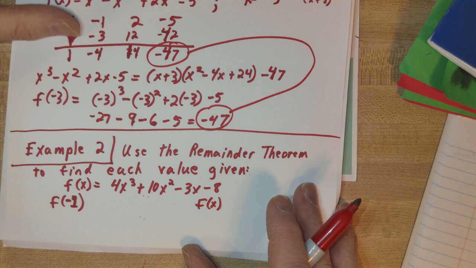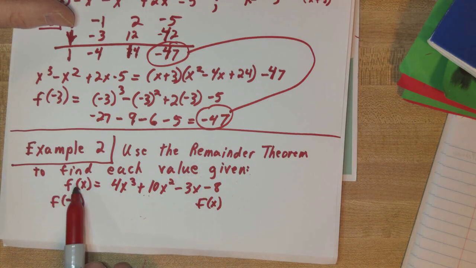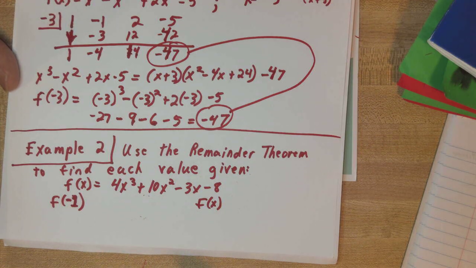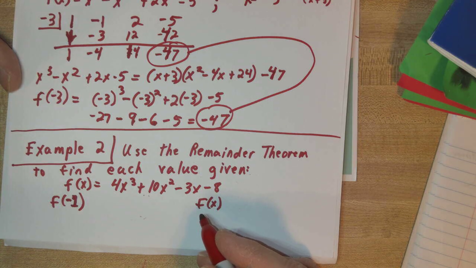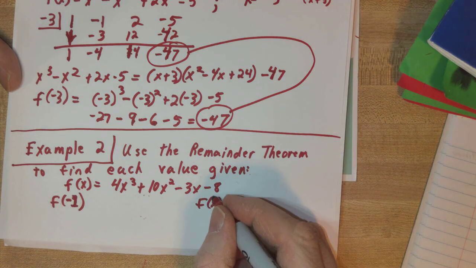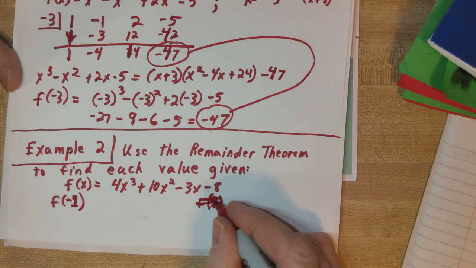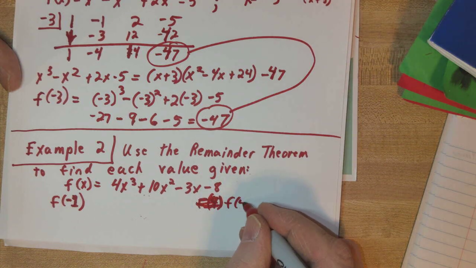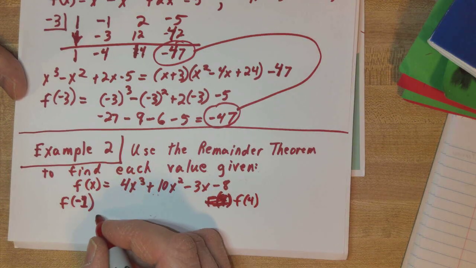Okay, example 2. Use the remainder theorem to find each value given. I have f of x equals 4x cubed plus 10x squared minus 3x minus 8. And, oops. Okay, what did I want to find here? I didn't want to do f of x there. I wanted to do f of negative 1 and f of 4.